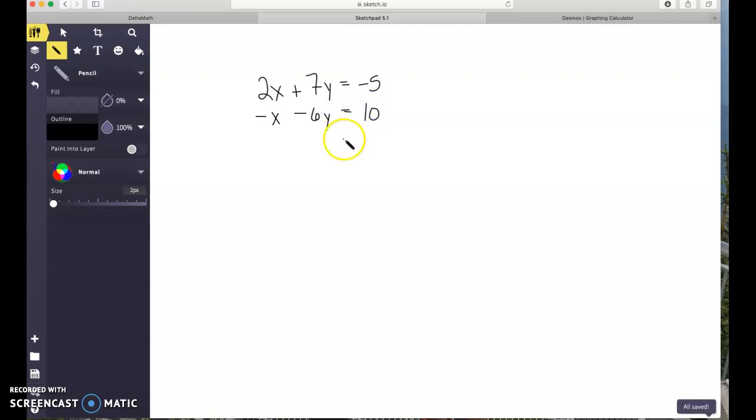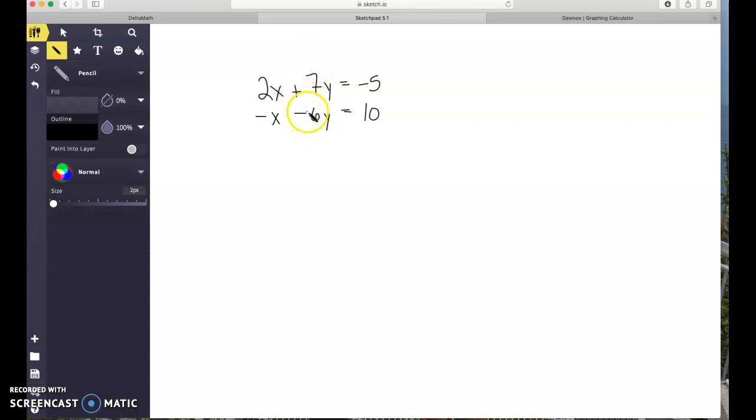Okay, so we have two variables that we could solve for, right? So there's two different ways we could approach this. We could try and get our coefficient in front of our x's to match, which probably would be the easier strategy in this case. And then we could add the equations together.